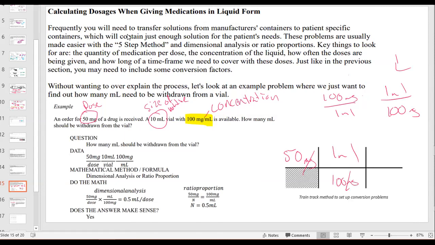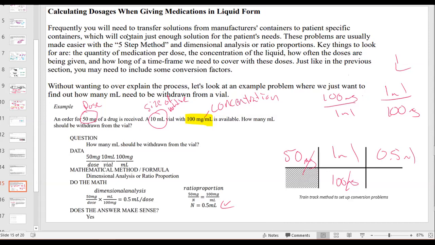So how many mLs is that? 0.5 mLs, which is the same thing that you both got. So we need to draw 0.5 mLs from the vial in order to get our dose. How many mLs do I have left over once I drew that, if that's the size of the vial? 9.5. So we just subtract the amount of mLs.